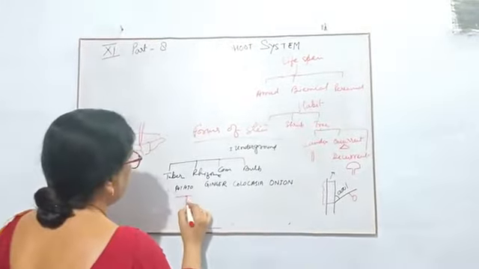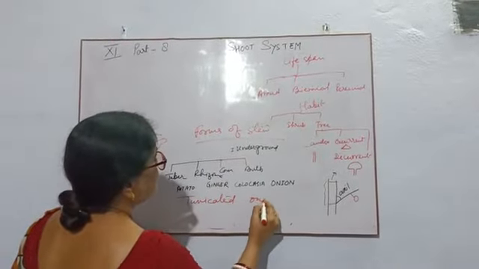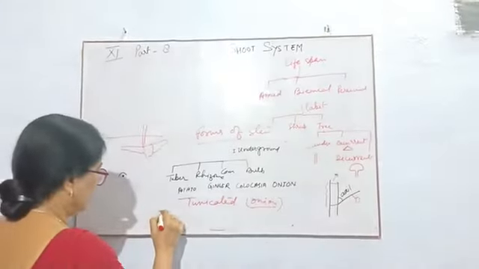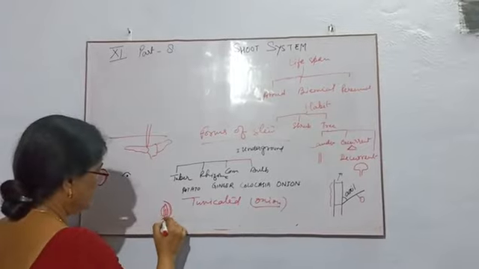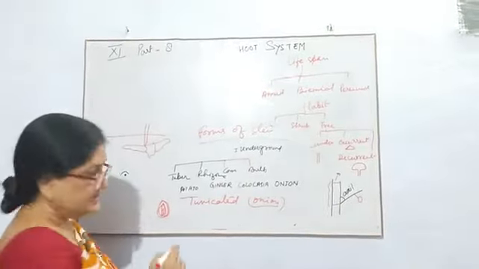One is tunicated, just like onion. One axillary bud will be there, and around it other scale leaves are present. This is tunicated. And another one is scaly.